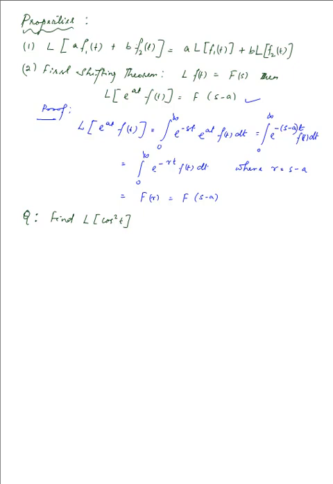As you know, for the solution, cosine squared t can be written as (1 plus cosine 2t) over 2, so we need the Laplace transform of (1 plus cos 2t) over 2. Now that 2 can go outside.